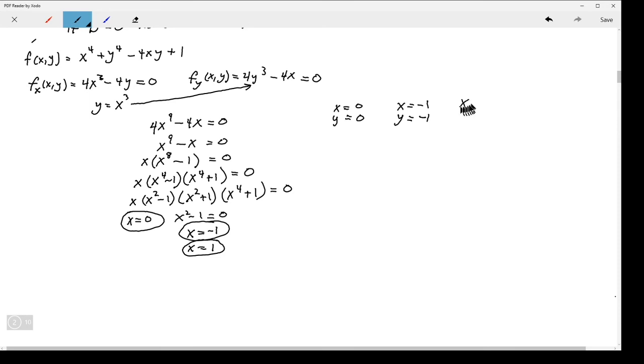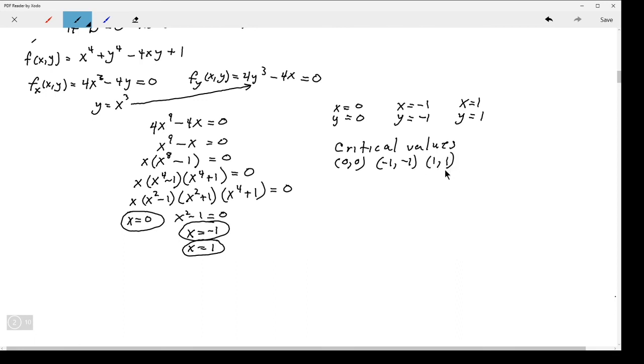And if x equals 1, then y equals 1 to the third, which is 1. So I have three critical points: 0, 0; negative 1, negative 1; and 1, 1.